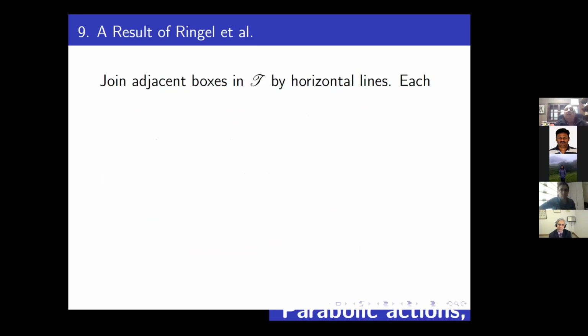Now we think about a result of Ringel and his collaborators, who said we should join adjacent boxes in T by horizontal lines. Rather strange thing to do, but whatever, that's what he did.